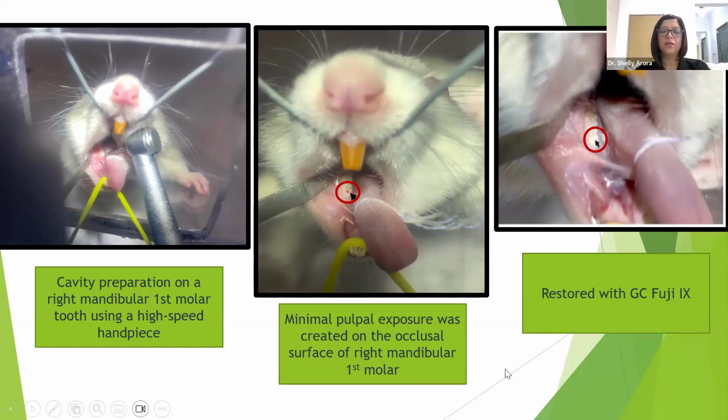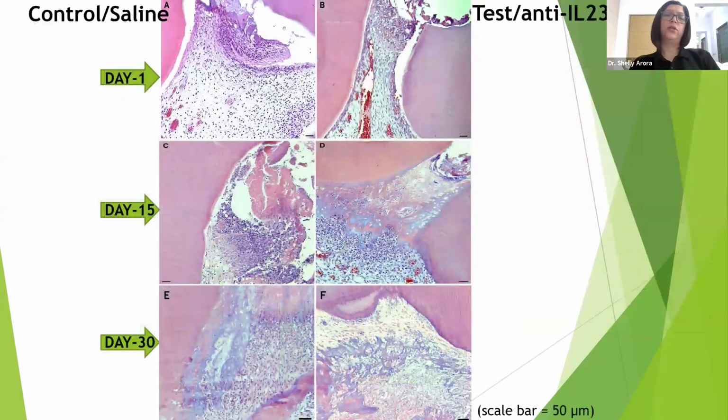Once this was done, the Wistar rats were euthanized at day 1, day 15, and day 30. These were the time points. When they were euthanized, their jaws were extracted and harvested.